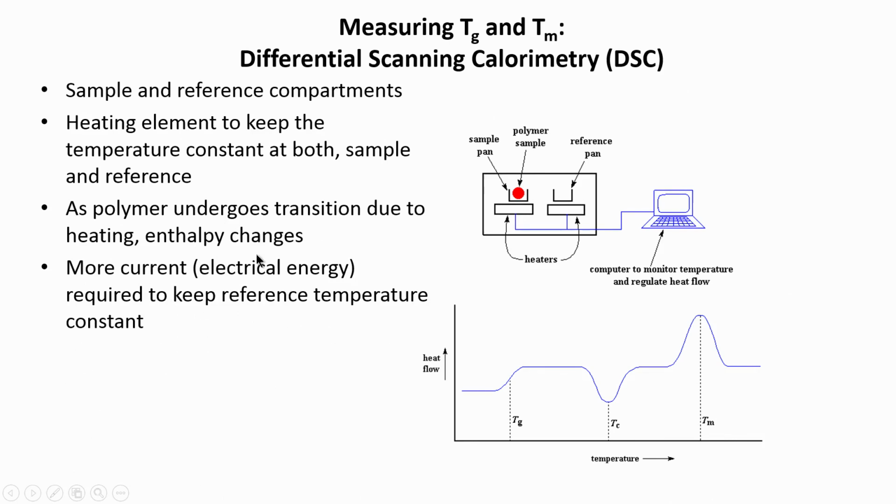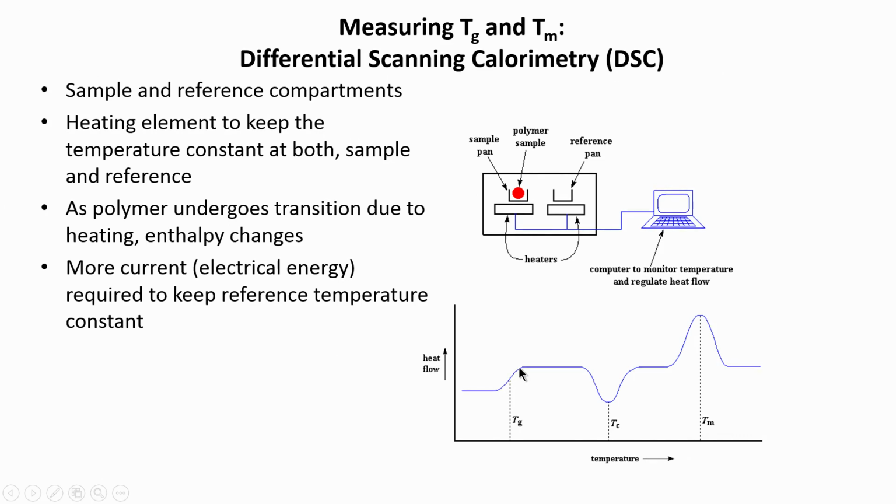As the polymer undergoes transition due to heating, the heat is flowing, and the temperature is increasing as more and more heat is flowing. At the Tg, it will cause a lot more absorption of heat to essentially melt these chains up.